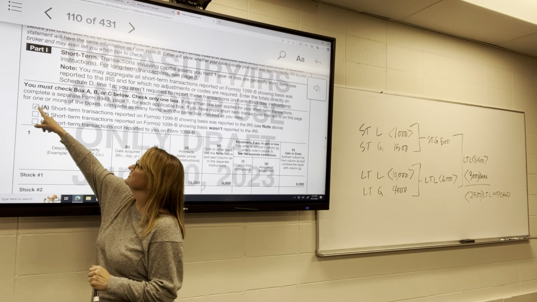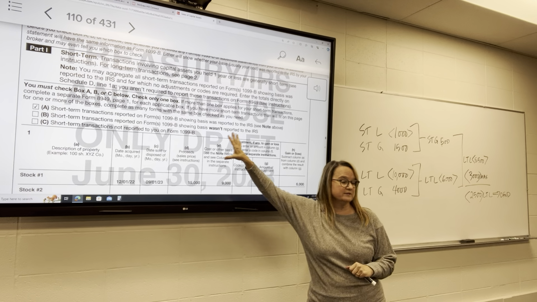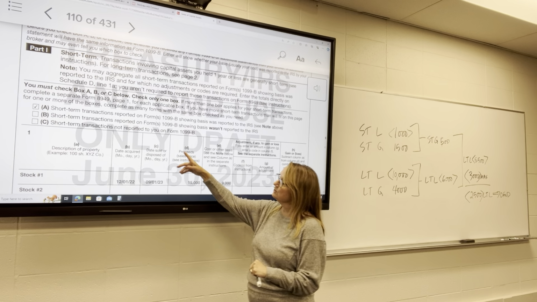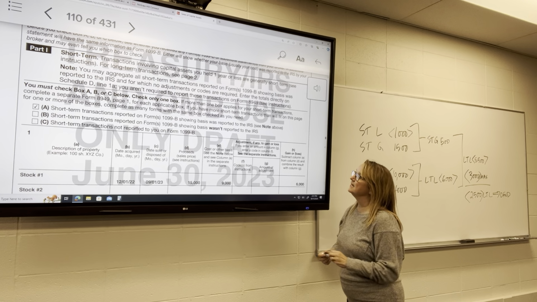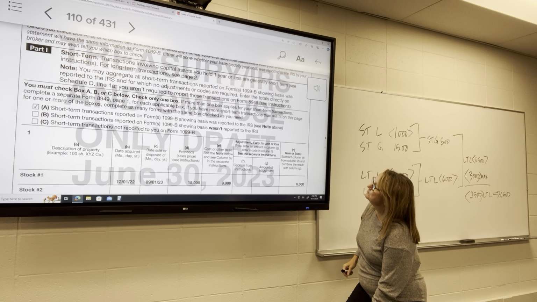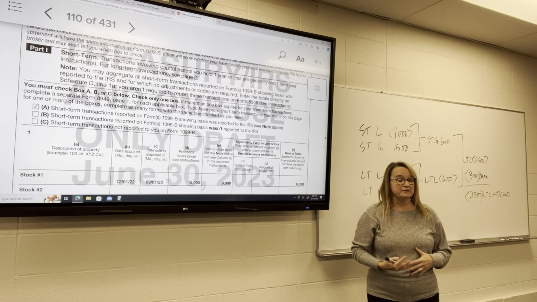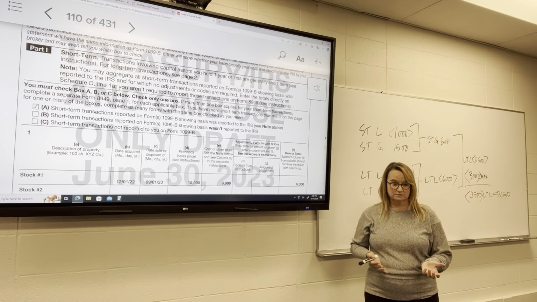Each of these check marks will pertain to every transaction on this single 8949. So here, short-term transactions reported on Forms 1099-B showing that the basis was reported to the IRS. The 1099-B is the statement that brokerage accounts send out for sales of securities.